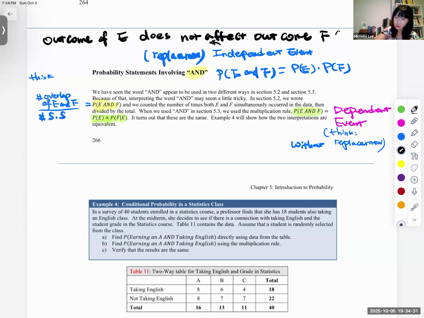For example, event E is rolling a dice, and event F is flipping a coin.